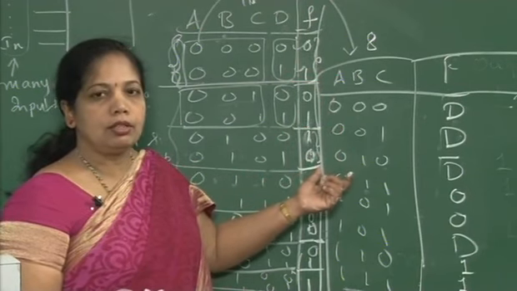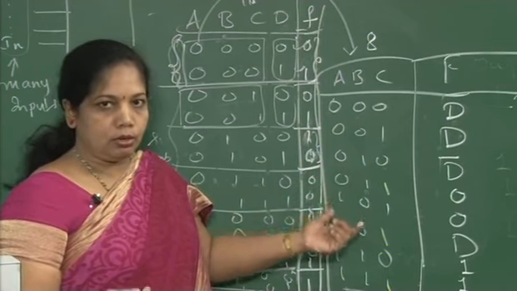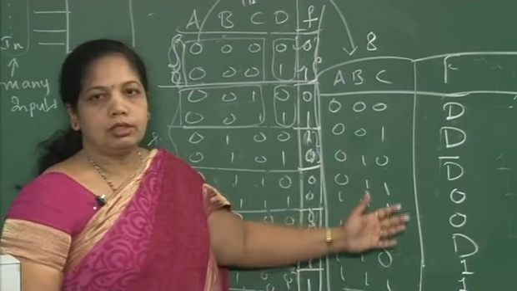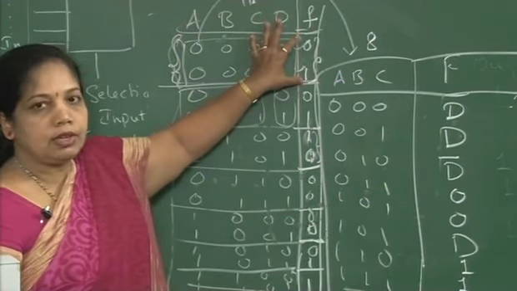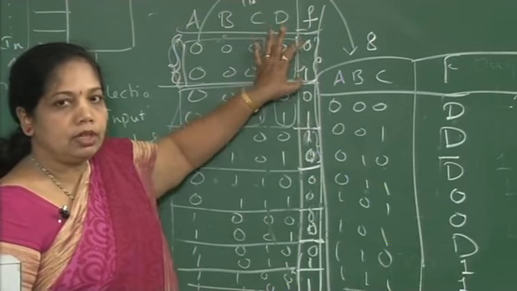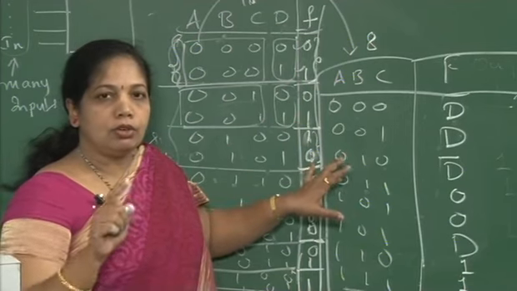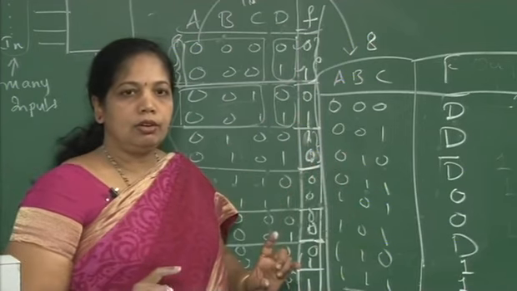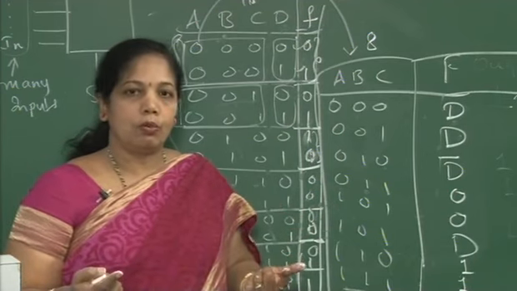This rule is called the map entered variable rule. Based on that rule, I will be connecting to the mux. That rule specifies whenever there is 0 1, it will be the normal input. If it is 1 0, it is complemented. If both are 0 0, then it is logic 0. And if both are 1 1, it should be logic 1.